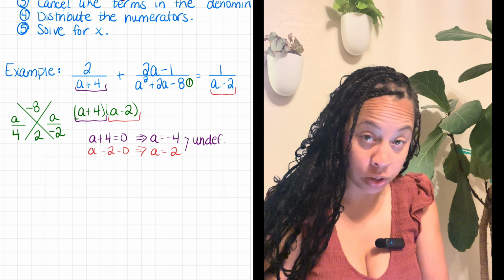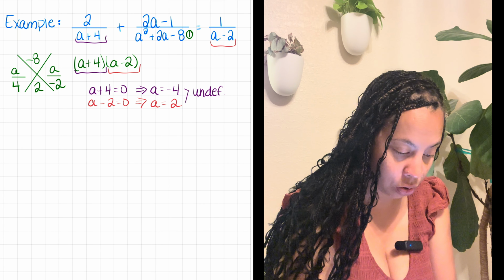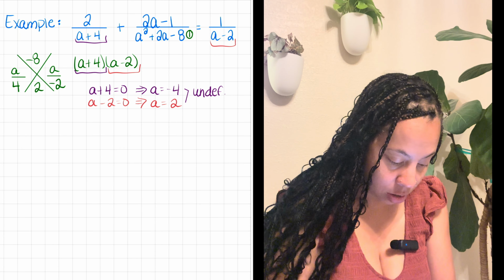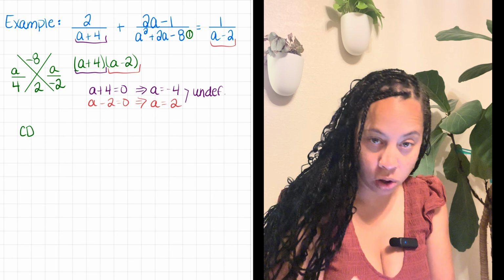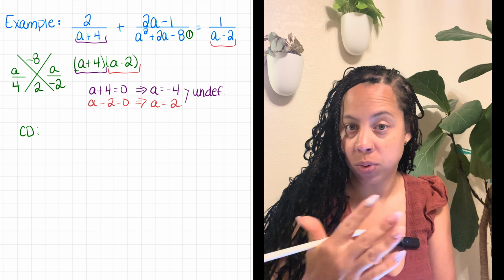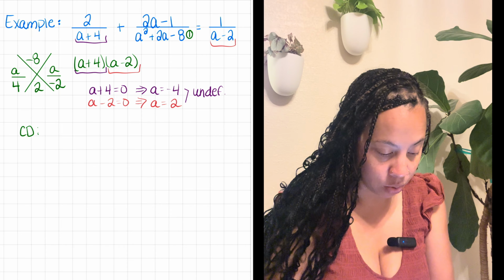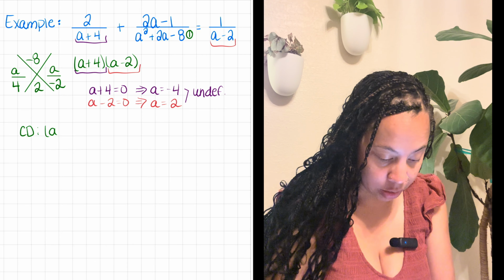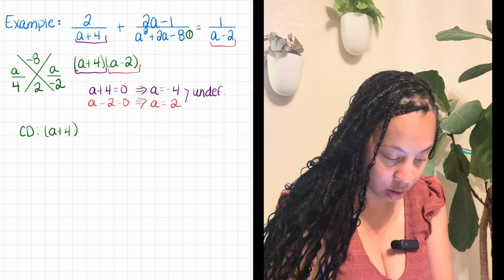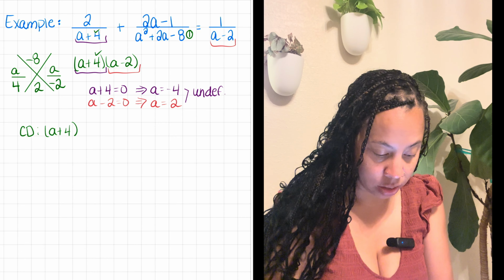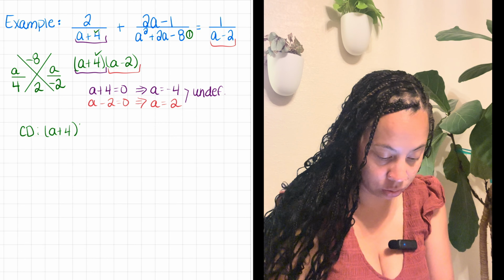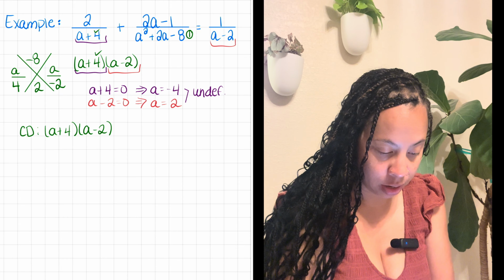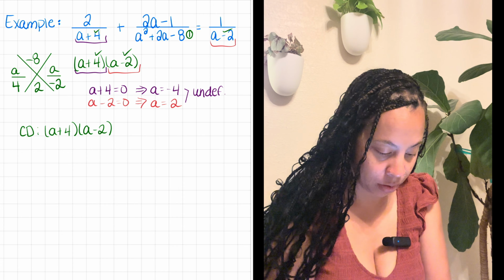Now, we want to get a common denominator. When we're looking for a common denominator, we're going to write all of our factors next to each other, but if we see a pair, we're only going to write it once. First we have a plus 4, and I see it 2 times here and here, so I'm only going to write it once. Next, I have an a minus 2. I see it here and here, and that gets rid of all of them.